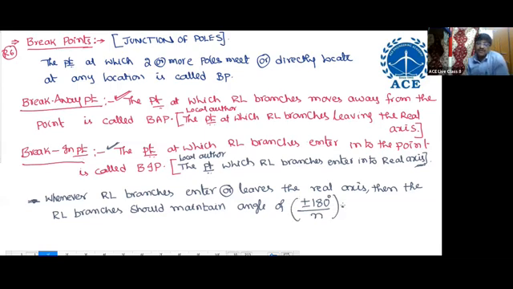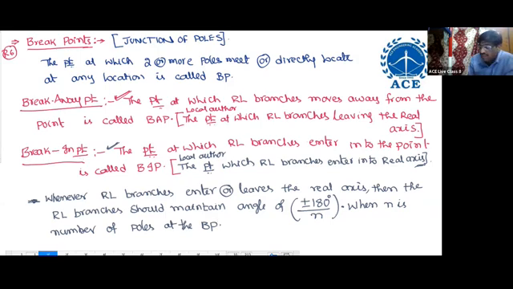Whenever root locus branches enter or leave the real axis, the angle should be calculated at the point of entering or leaving using plus or minus 180 degrees divided by n, where n is the number of poles at that breakpoint. Okay? So now listen.